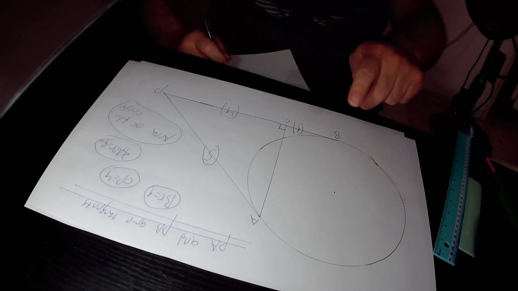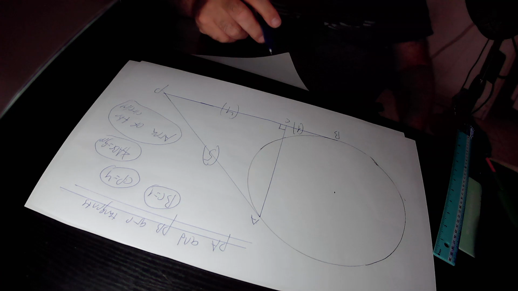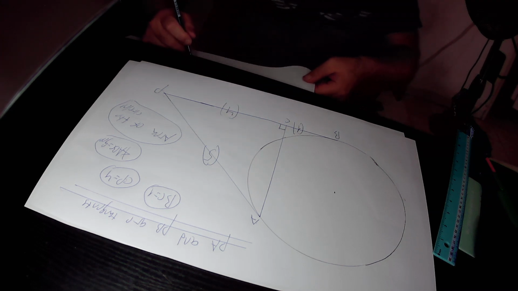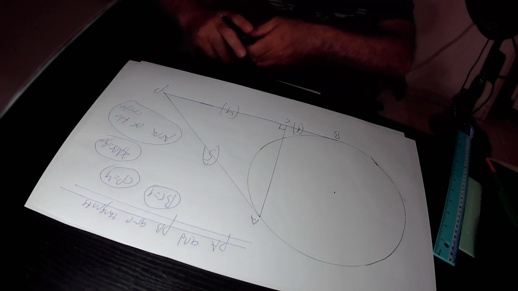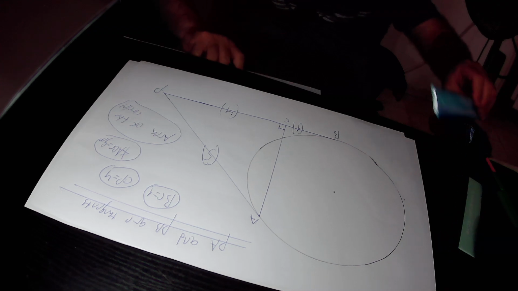In the next step, I'll copy the right triangle ACP in a new page, and we will implement the Pythagoras theorem on this right triangle, triangle ACP. According to the Pythagoras theorem, in any right triangle, the square of the hypotenuse equals the sum of the squares of the perpendiculars.